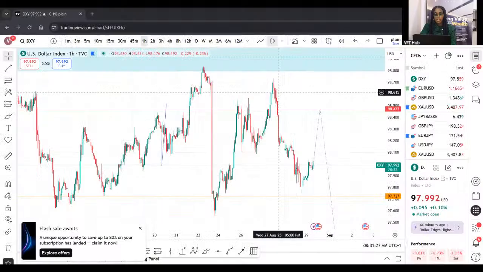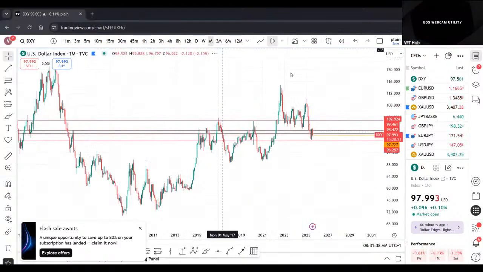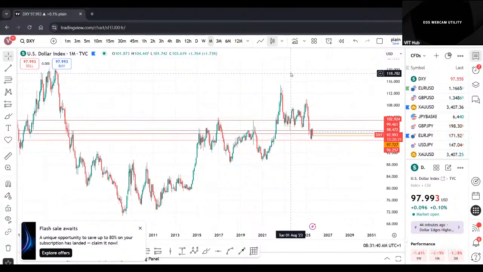And so we'll be heading straight to the business of today. Monthly time frame for DXY, as seen right here.